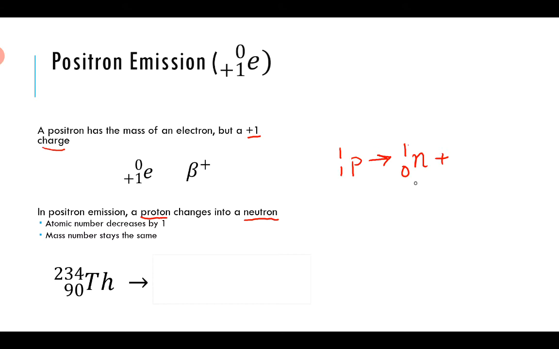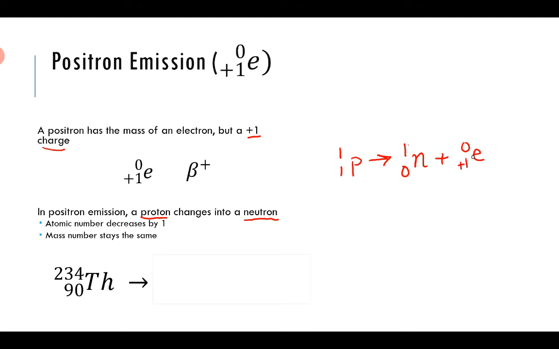These have to add up to 1, so I'll have an atomic number of 1. And these have to add up to 1, so a mass of 0. This similarly matches our electron symbol.